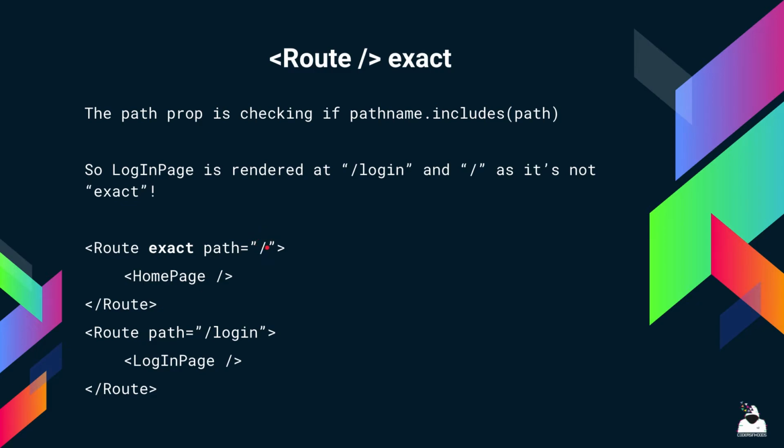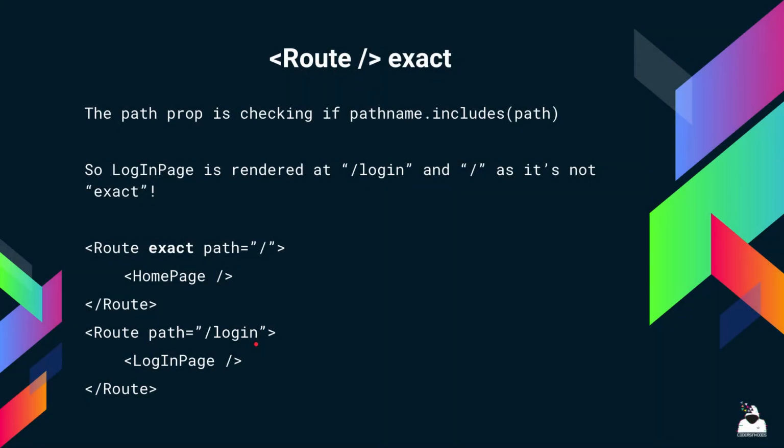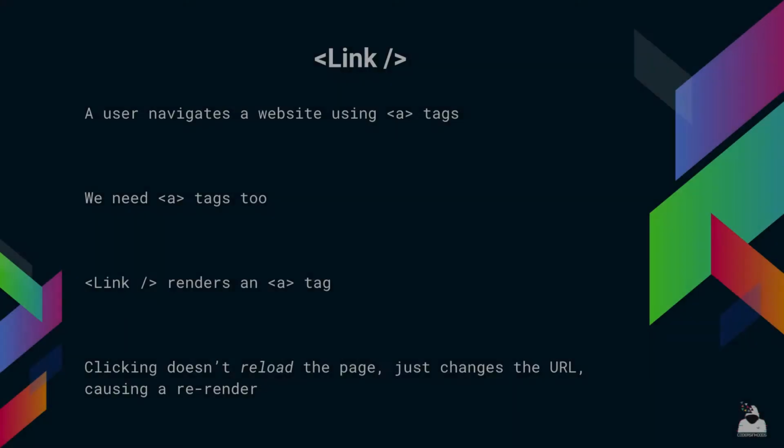So for example, if I go to /login, it will come here and say it doesn't have a slash only, nothing behind it. If it doesn't match that, then you will just skip this route and go to the next one. In this case, you prevent what happened in here, because here we didn't have exact, and it would match this against /login as well. There are different rules about these matchers for paths. You just need to read the documentation and play around with it a little bit to understand it more.